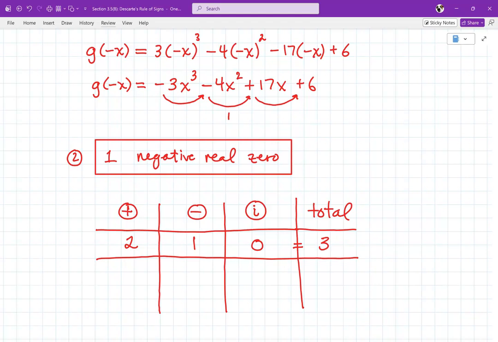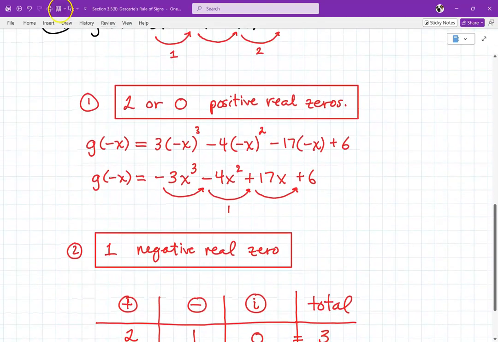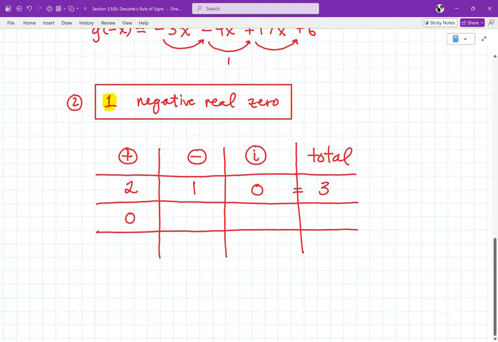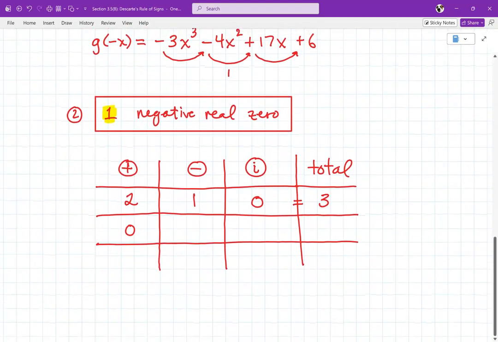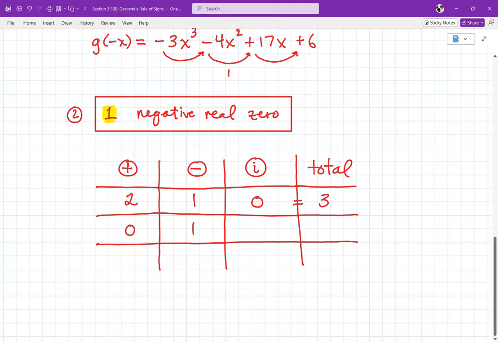Now, what if I had 0 positive ones? Because remember, my options were 2 or 0 right here. 2 or 0. And my negatives are 1. So what if I have 0 positive answers, but 1 negative one?